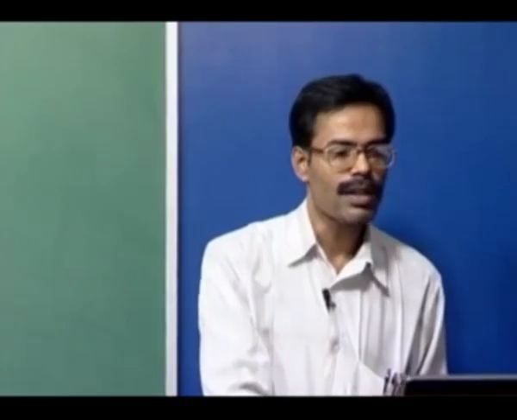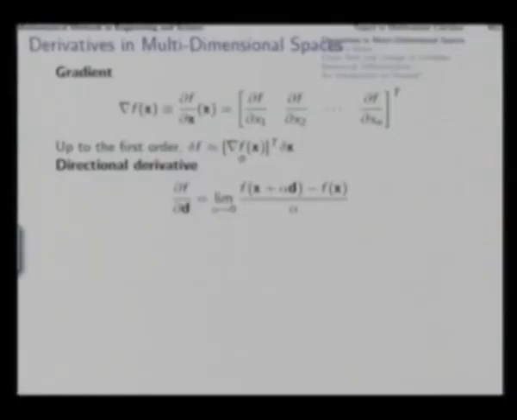The sense is this, that the first order differential change in the function value is the product of the gradient and the first order change in the value of x.